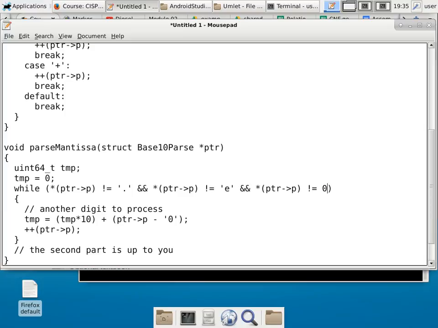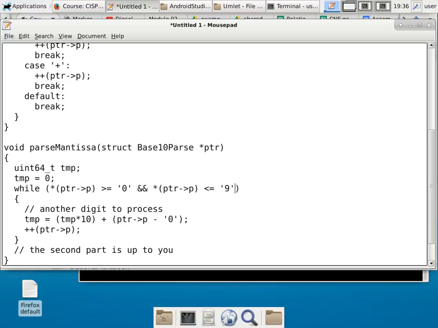Instead of doing this, which doesn't address the issue of a null terminated string, what I would personally do is to say that it is a character that has an ASCII code that is at least the ASCII code of 0 and less than or equal to the ASCII code of 9. So this way it is inclusive.